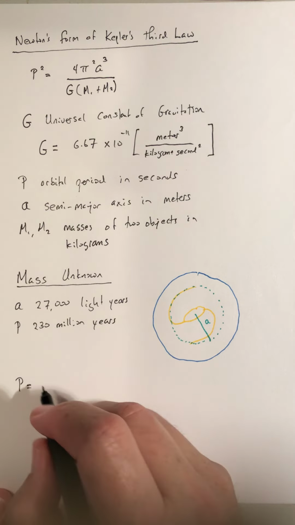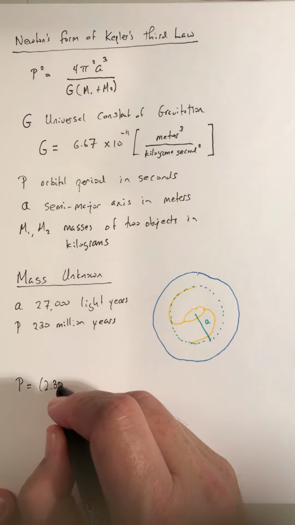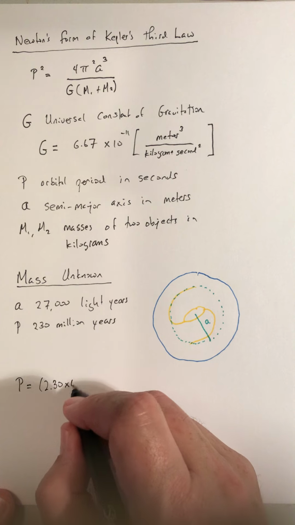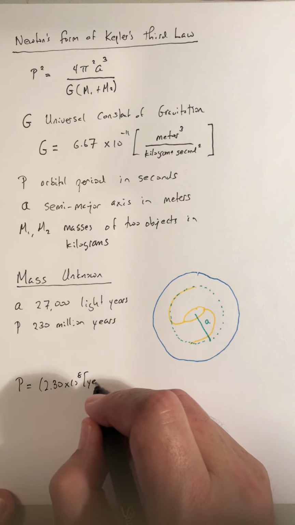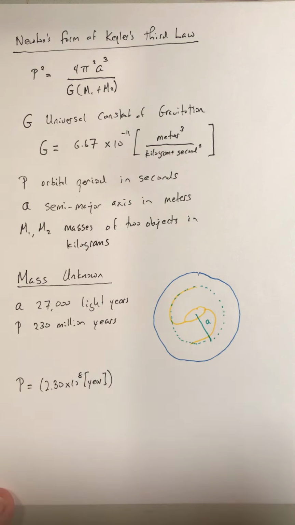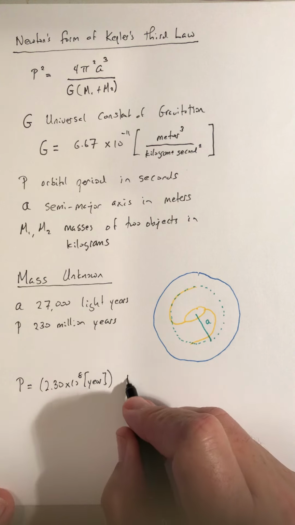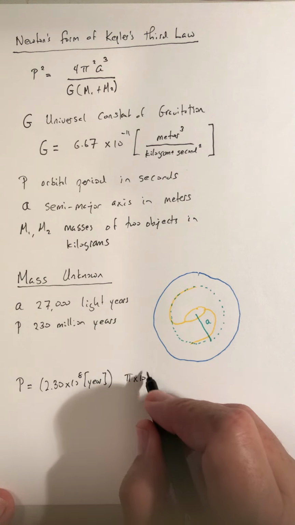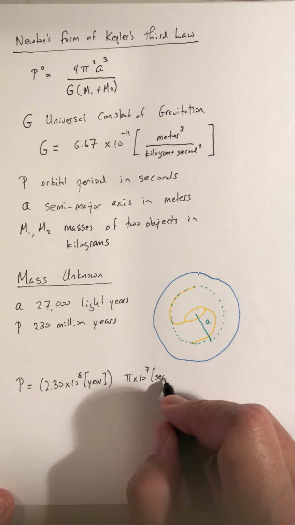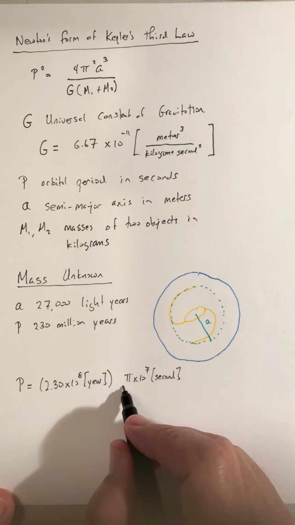Period in scientific notation, 2.30 times 10 to the 8th years. And 1 year is about pi times 10 to the 7 seconds.